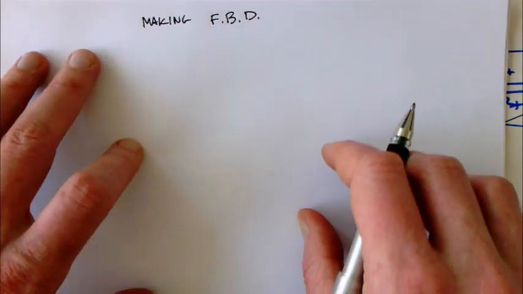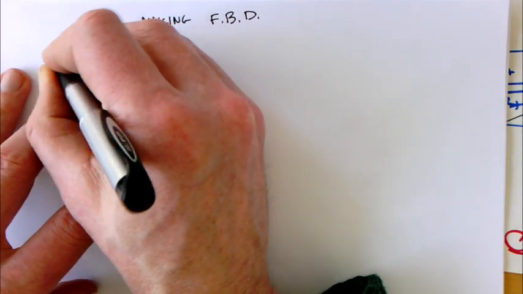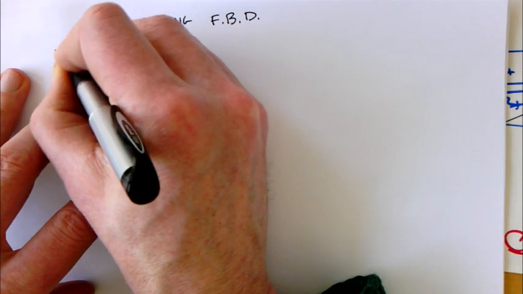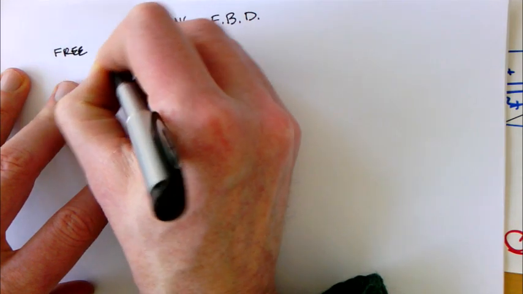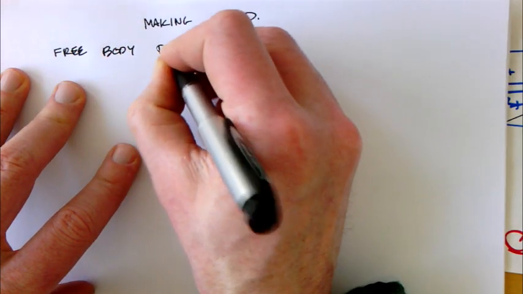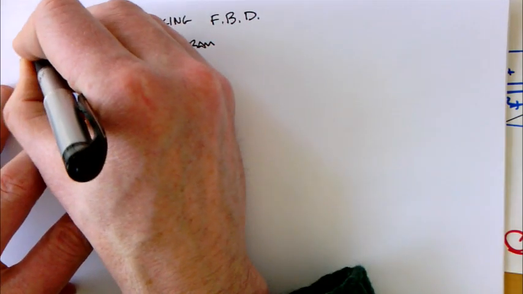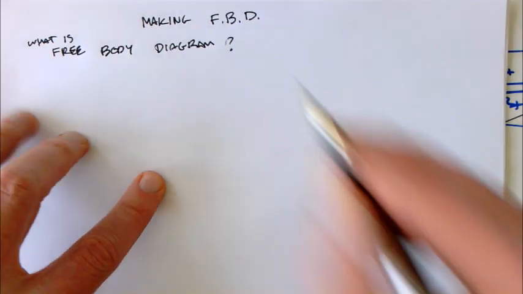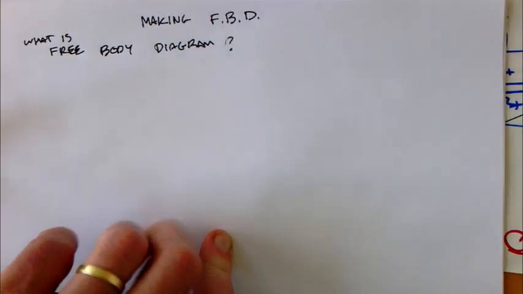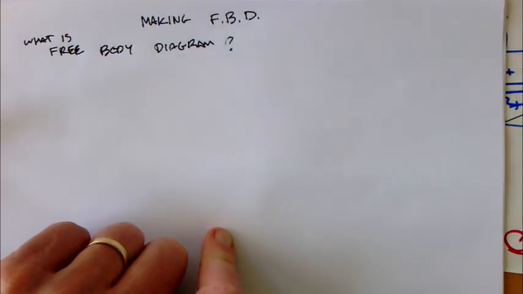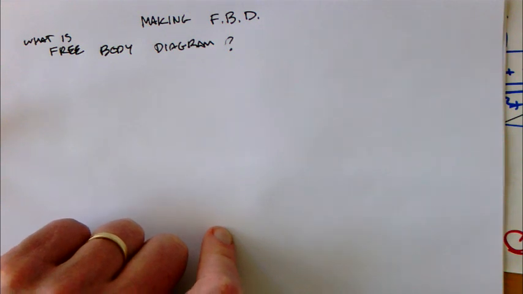So let's start with talking about what a free body diagram is and what the idea of a free body diagram is. And really, to think about what a free body diagram is, I think it's maybe helpful to remember back to ModSim, to this idea of abstracting, and also to the idea of deciding what your system is, so kind of where your system boundaries are.